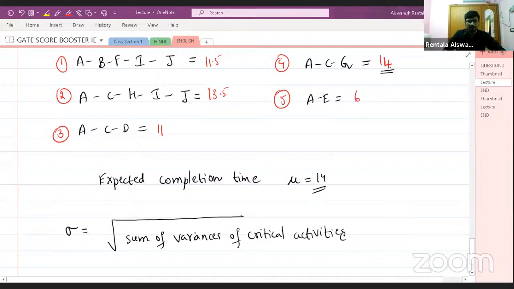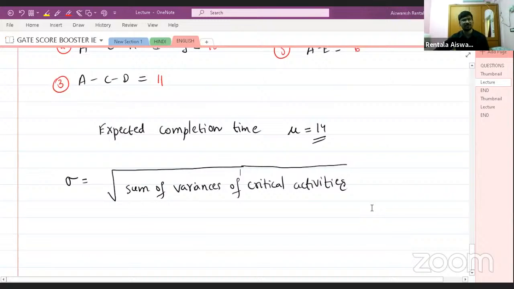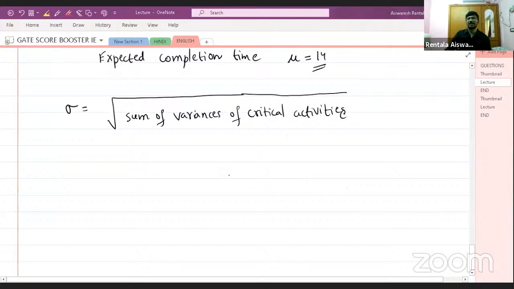If you want to find the standard deviation directly, you cannot add the standard deviations, as we have already discussed, because they may be positive or negative, as you might have seen in mathematics also. So how to find the variance of any activity? It is B minus A divided by 6, whole squared.